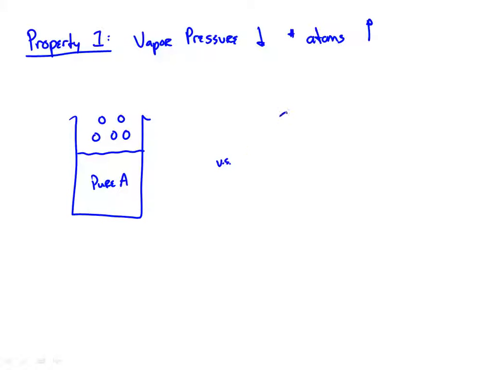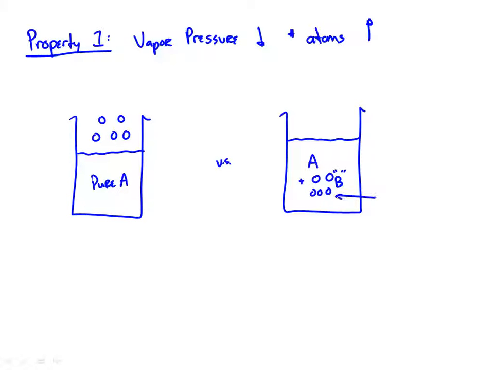And if I have a second beaker that is a mixture of A plus some extra particles in it, we'll call these B's. So that's my impurity. Then the number of particles in the vapor phase decreases. So as the number of atoms of the impurity increases, the vapor pressure decreases.